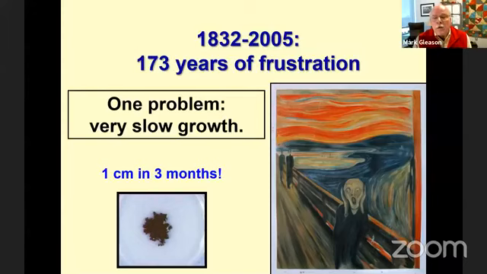One problem is that they grow very slowly in culture. The picture I'm showing you on the lower left is a colony that has been growing for 3 months on an agar plate, on PDA, potato dextrose agar, and it's only 1 centimeter across.